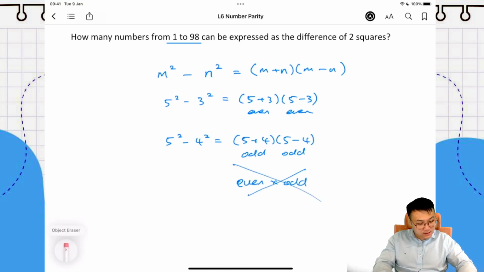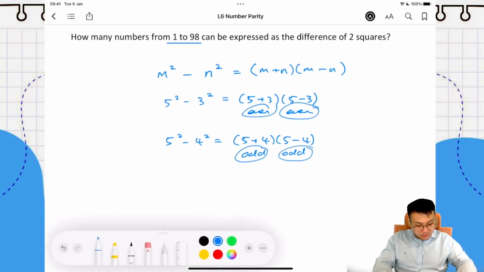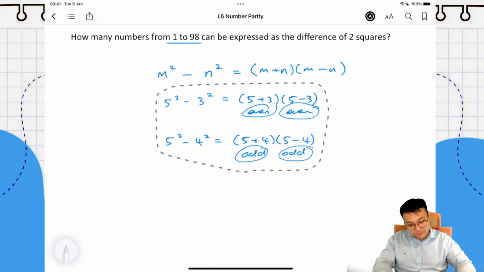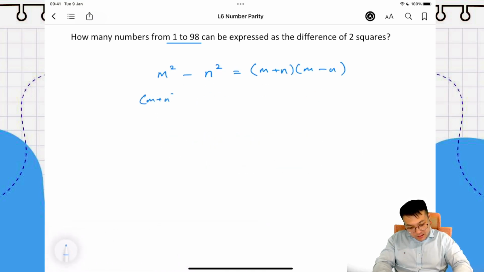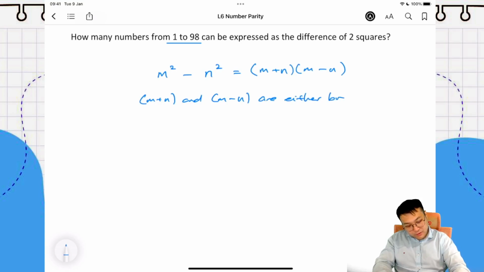It's either both even or both odd. So let me write this down. m plus n and m minus n are either both odd or both even.